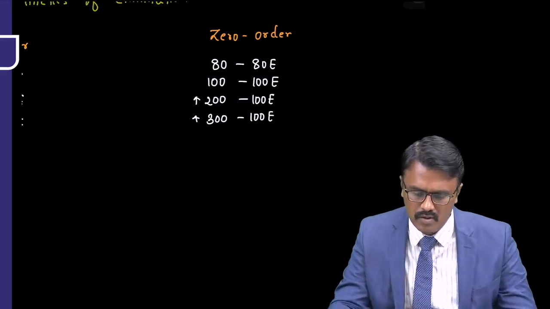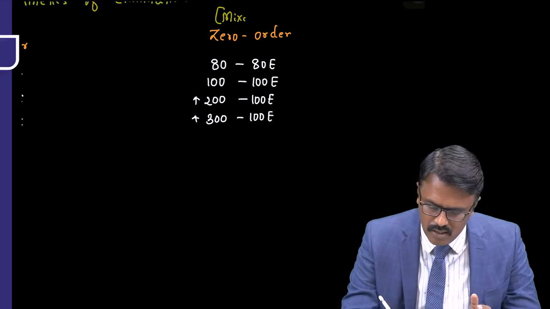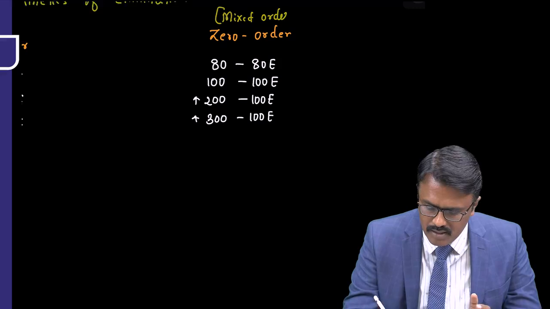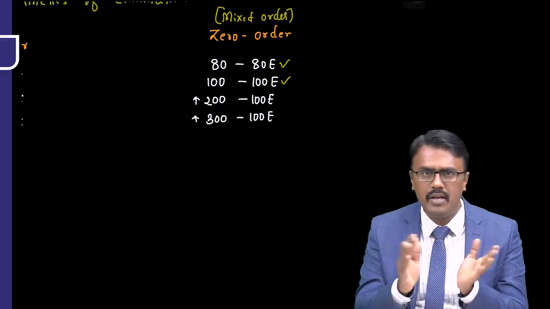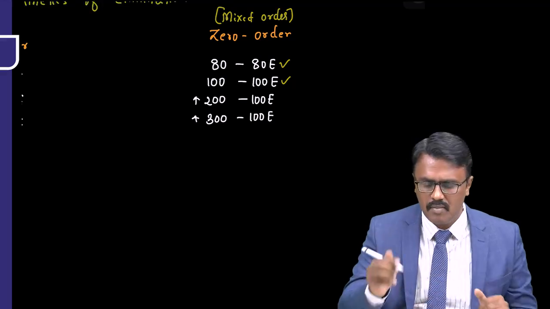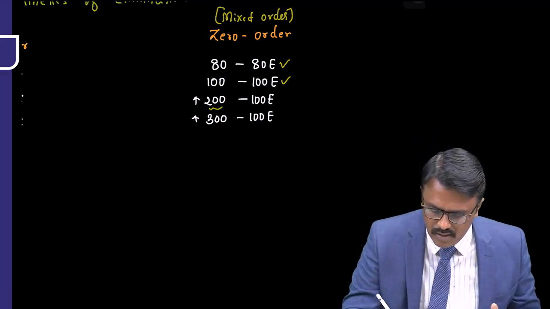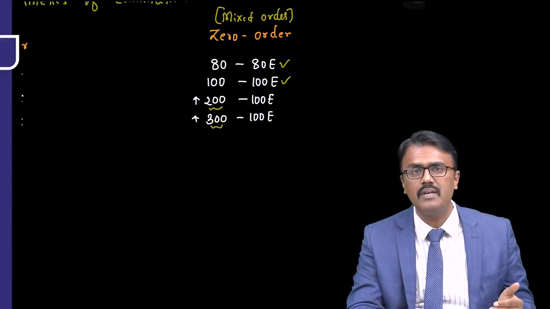Now zero order is also called mixed order kinetics. Why? Because initially it was following first order. So you are in order, 80 enzymes, 100 enzymes. But as you increase the dose of the drug, the metabolism or elimination shifted to zero order.